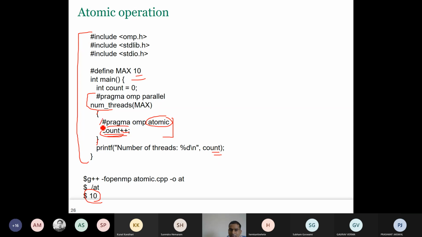Okay, but suppose we comment it out. Suppose we don't have this atomic construct, right? We allow any number of threads to simultaneously execute it. Then can anybody tell me what the value of count will be that is printed?